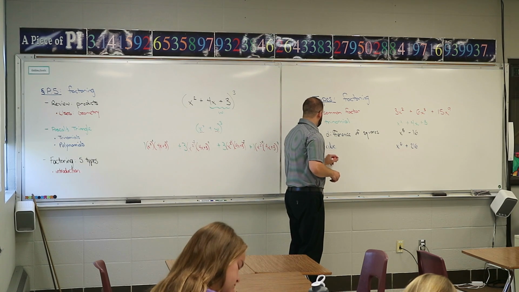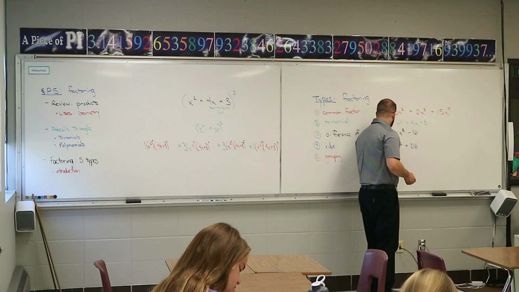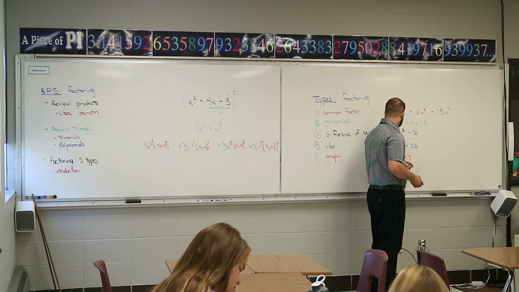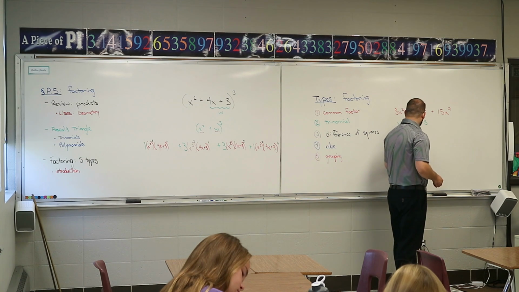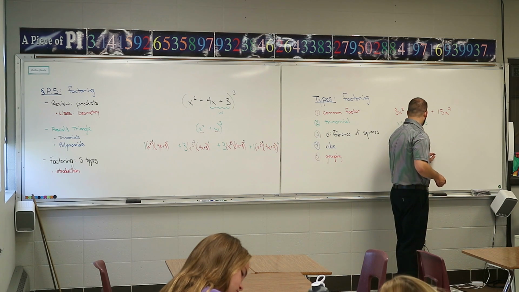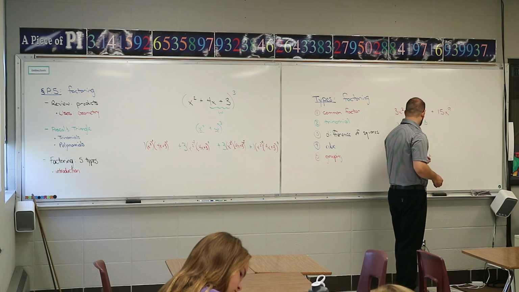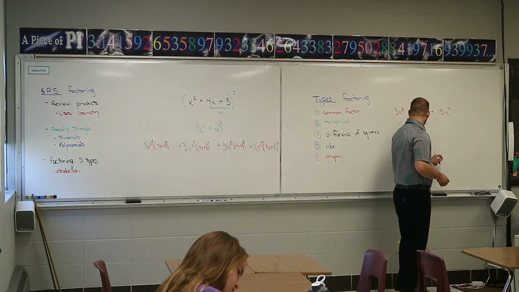Grouping method is when they do a problem like this: 8x plus 7, minus 16, plus, let's call this x squared, and let's go like a 4x or something.